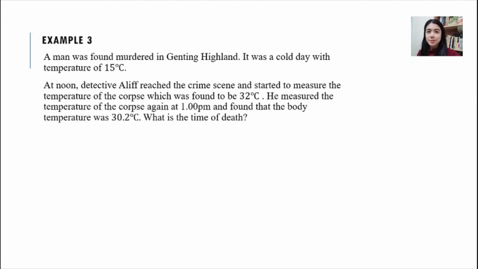Let's just extract the information from this example. The first thing that you have to figure out is the temperature of the surrounding. The temperature of the surrounding was 15 degrees Celsius. So this is basically your TS. The TS is 15 degrees Celsius.